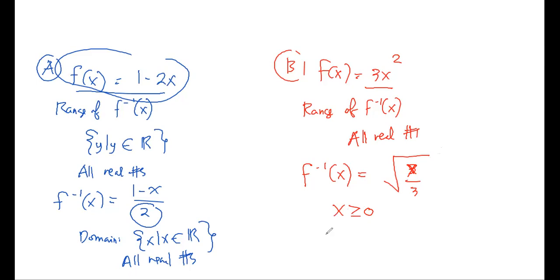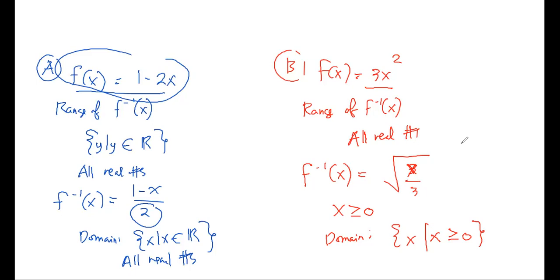So we say that the domain of our inverse function will be x such that x is greater than or equal to 0. Please correct the one in your module.